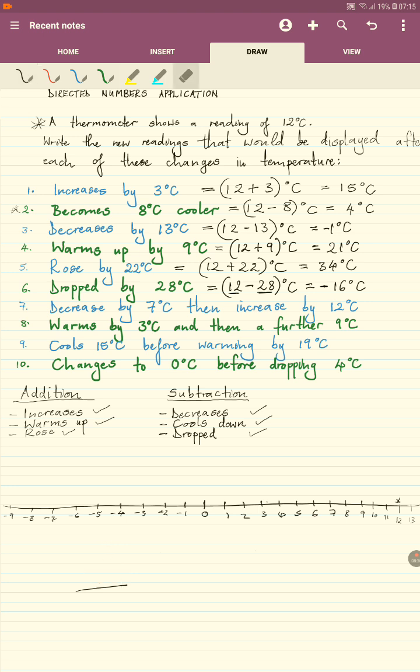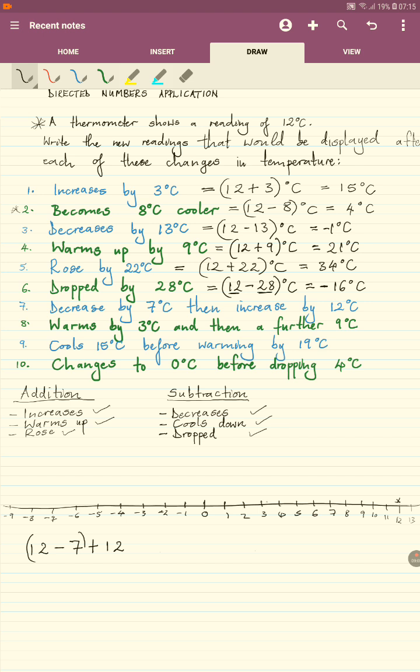Okay, let's move on to the next question. The next question reads, the temperature decreased by 7 degrees, then it increased by 12 degrees. So if we are to write that, we are taking our base value as 12 degrees, and then it dropped or decreased by 7. We're going to subtract 7, and then it increases by 12 degrees Celsius.